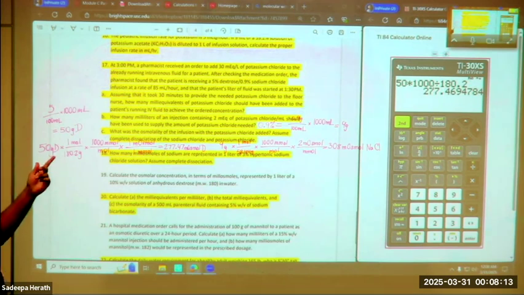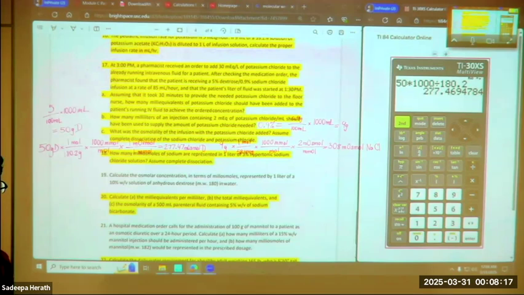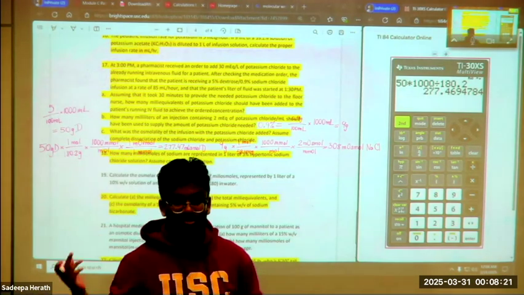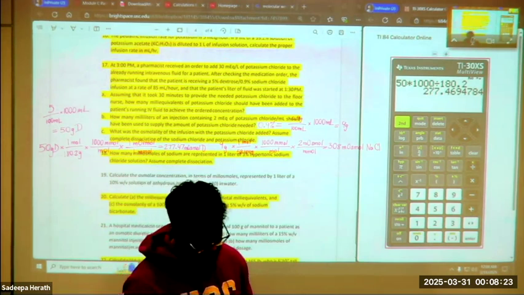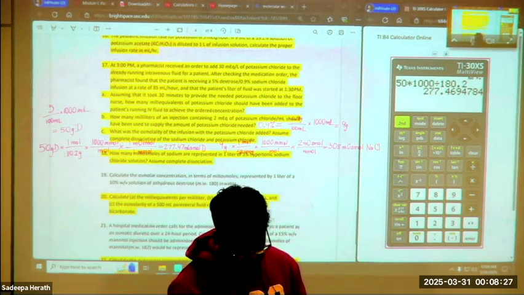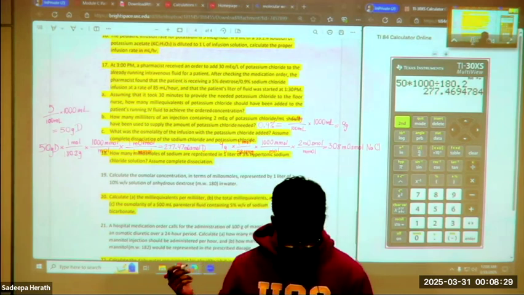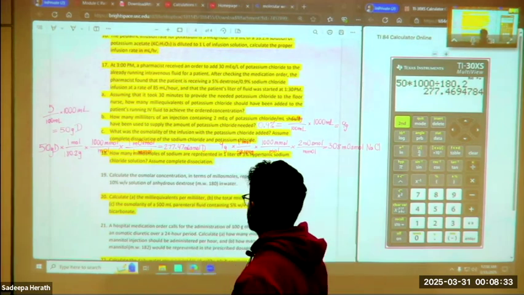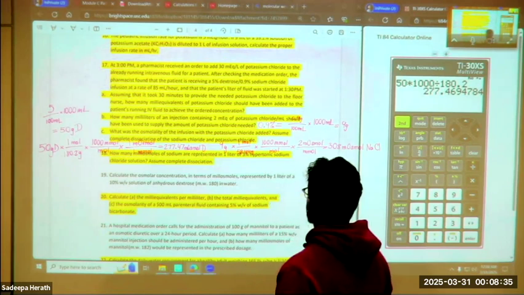We have a conversion, the 30 mEq per liter, and so we could just use that and convert that into milliosmoles per liter as such, right? So let's go ahead and do that.